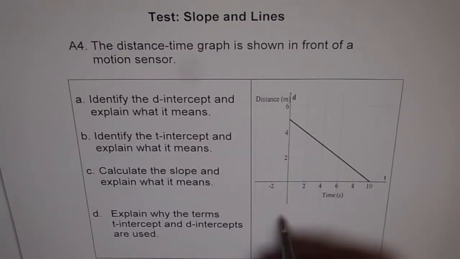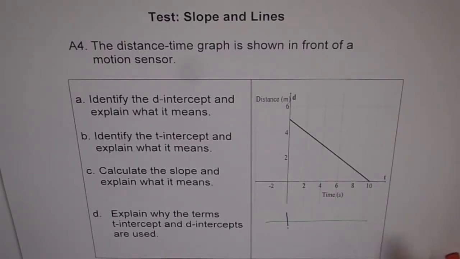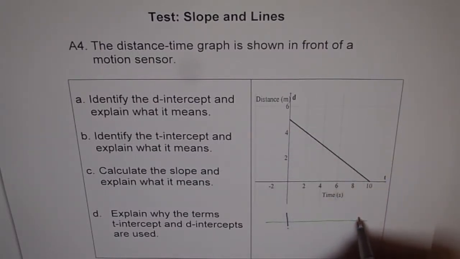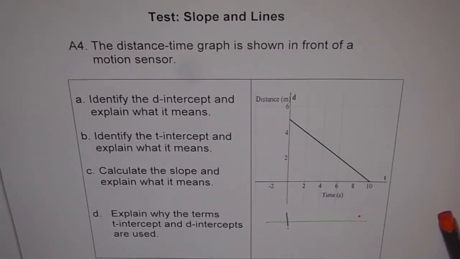So basically think like this: here we have a sensor, right? And the object is moving. This is from where we are doing all the measurements. And think that all the motion is taking place along a horizontal line. Initially at t equals 0, the object is here. This is the starting point.